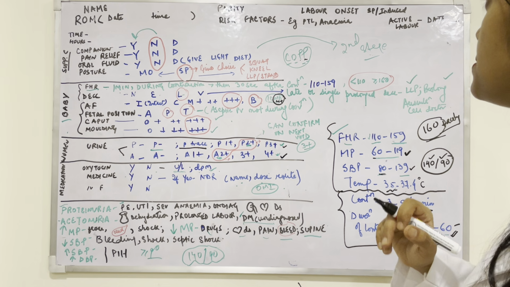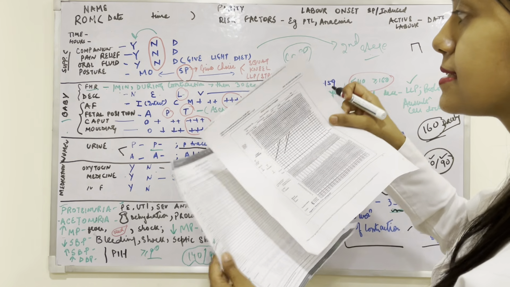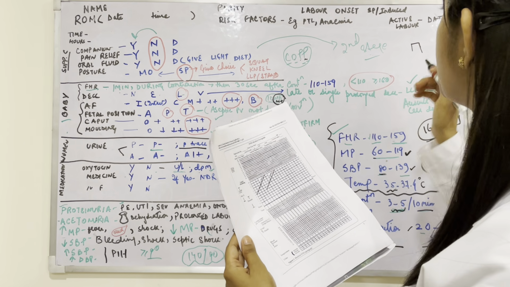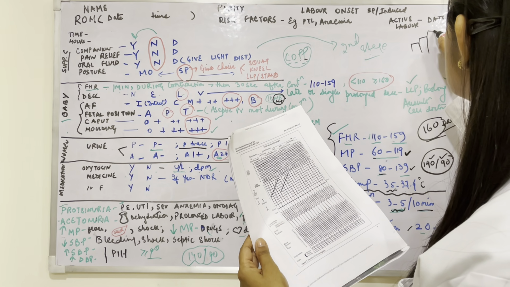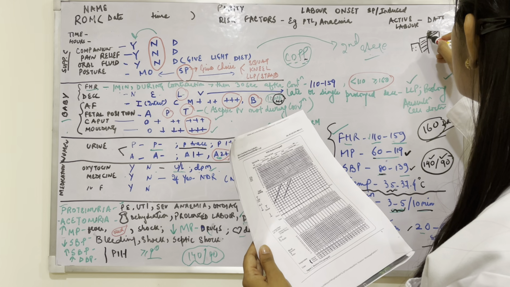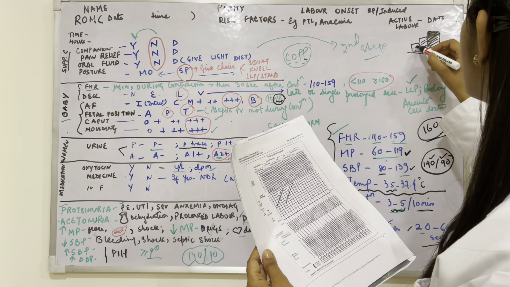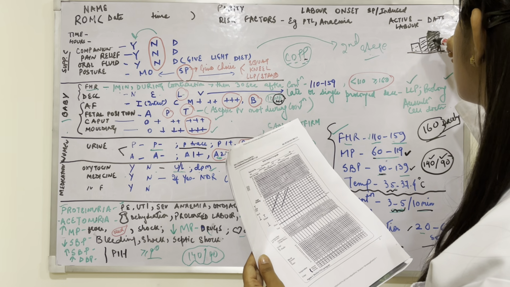Now you must be remembering that in the WHO modified partograph, we used to have these kinds of findings during labeling of uterine contractions. These used to stand for mild, moderate and severe uterine contractions.